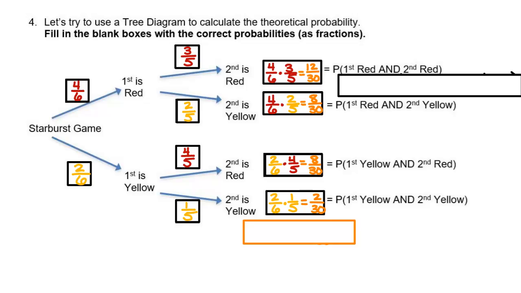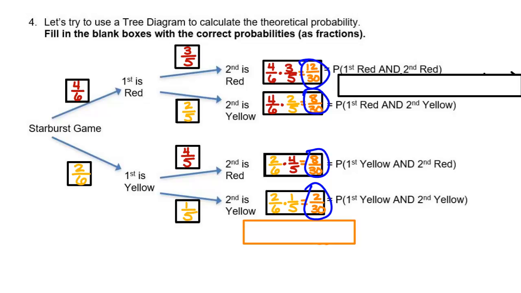Something I want you to notice: the ends of these branches, these probabilities here, 12 out of 30, 8 out of 30, 8 out of 30, and 2 out of 30. These events, first is red and second is red, first is red and second is yellow, first is yellow and second is red, first is yellow and second is yellow, are all the possible things that can happen in this game. These are all mutually exclusive.